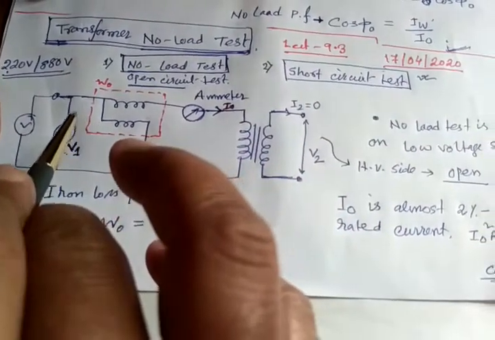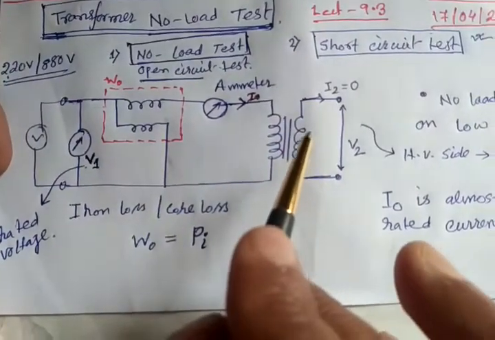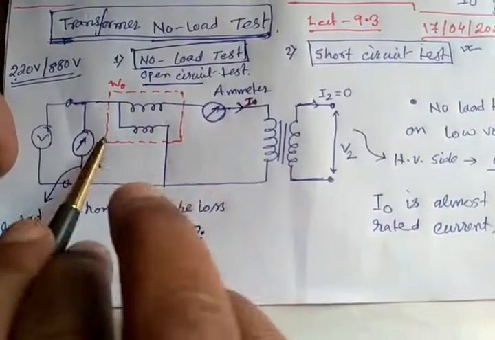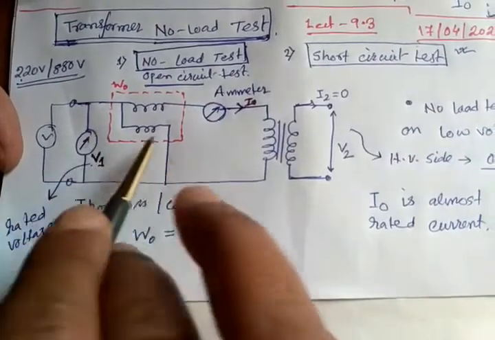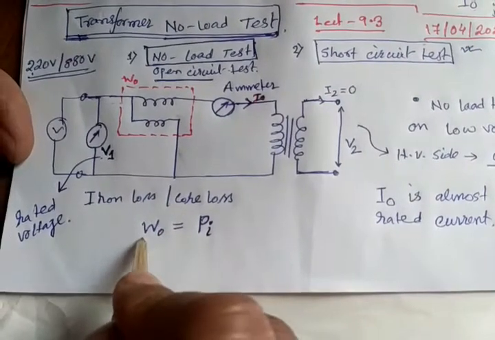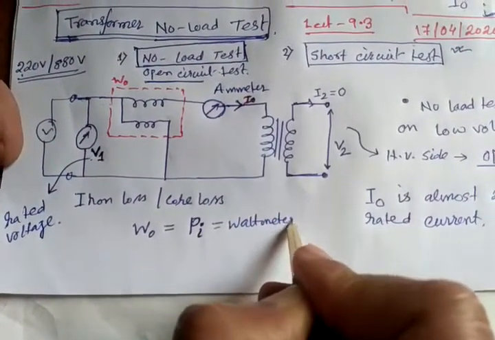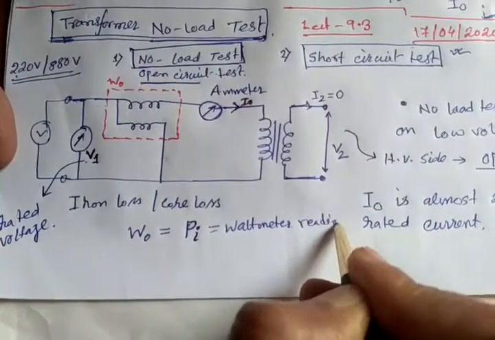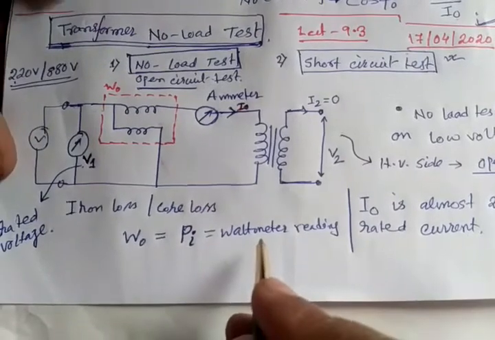This loss remains the same without depending on the current. When the transformer is fully loaded in an actual case, these core losses will be the same. So we easily measure the core losses in terms of the wattmeter reading, which gives us the power consumed, that is, the core losses or constant losses for the transformer.